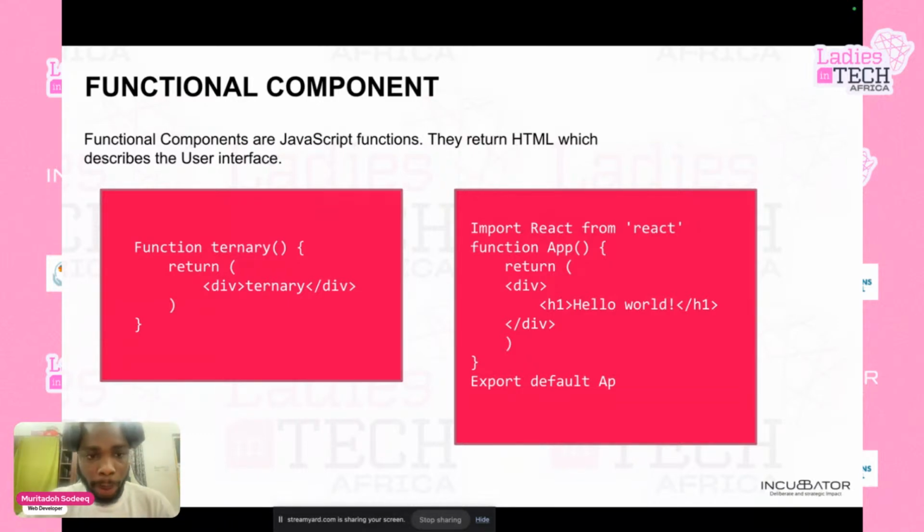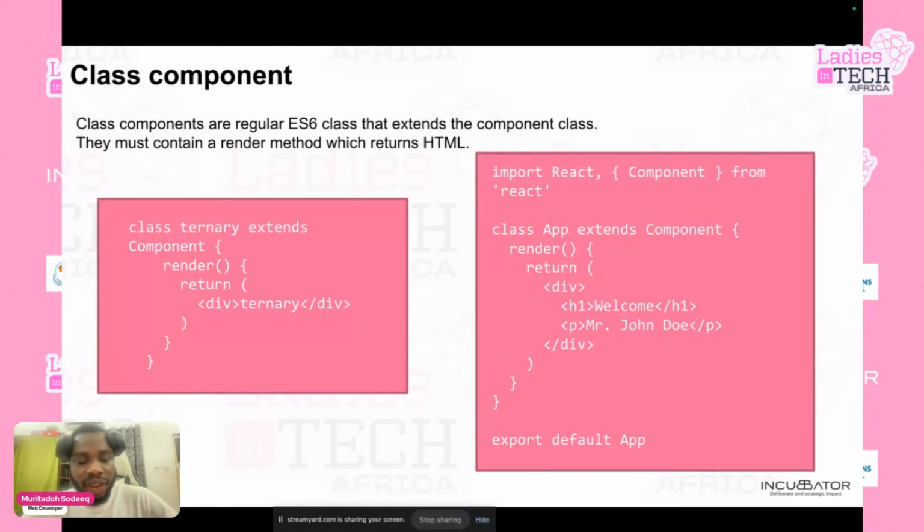You write a piece of code in a function and you execute it as a page itself, or you pass it to another piece of code to execute. Now this is an example of a class component.